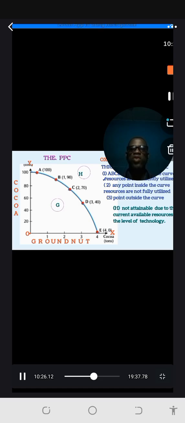Now, it is worthwhile to explain the movement from one point to another on the production possibility curve. If you look at points A, B, C, D, and E, it shows the allocation of resources to either the production of groundnuts or the production of cocoa.